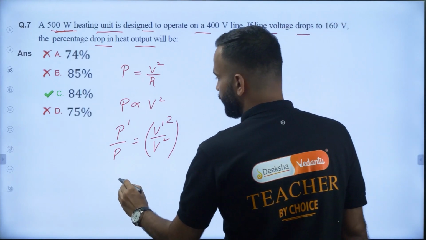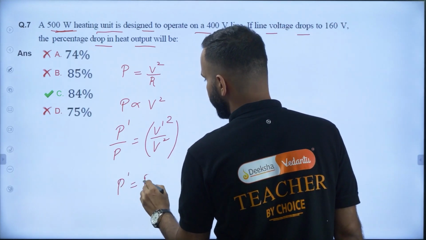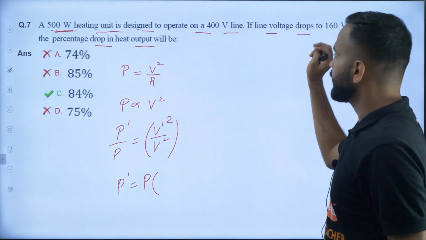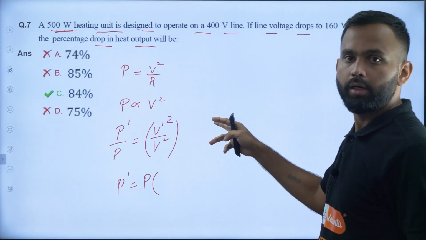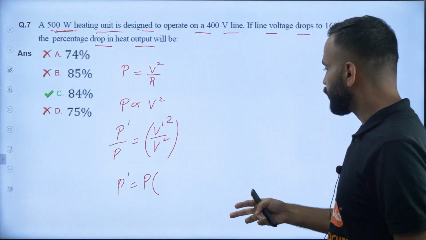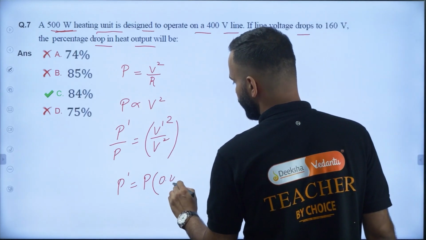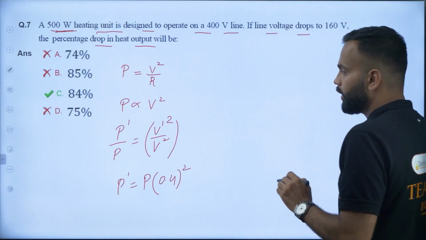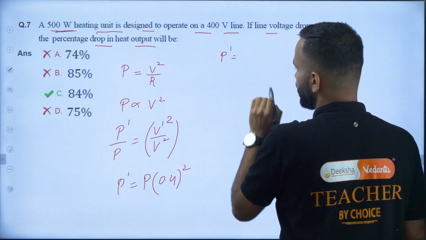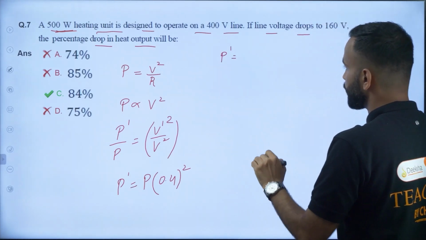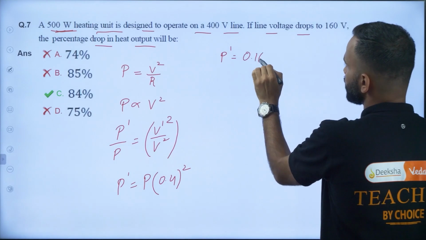So P dash is equal to P into (V dash is 160 volt, V is 400 volt) 160 by 400, that is 0.4. 0.4 squared is 0.16, so P dash is 0.16 P.